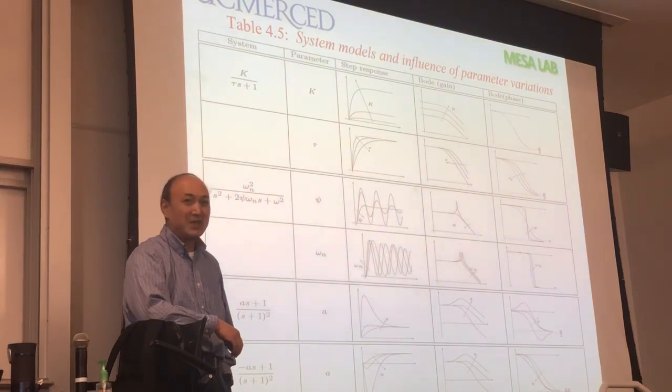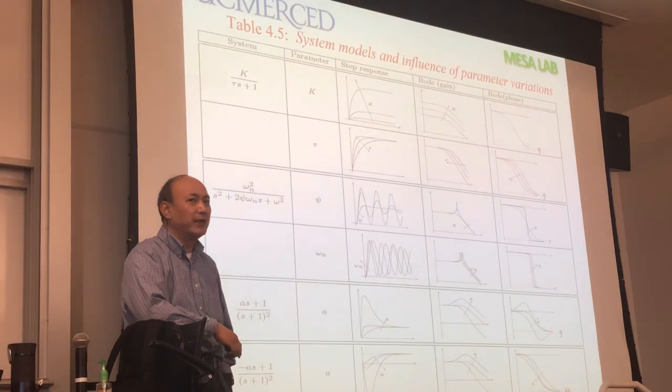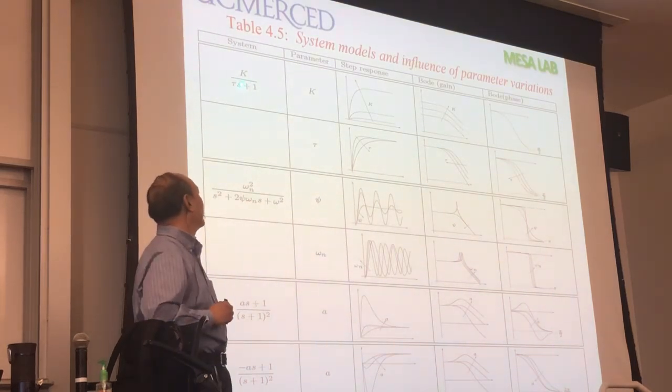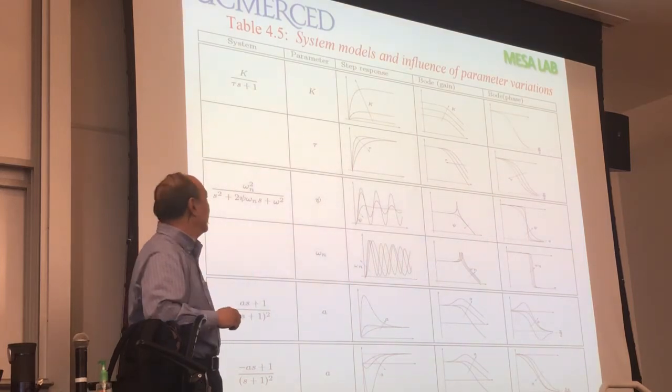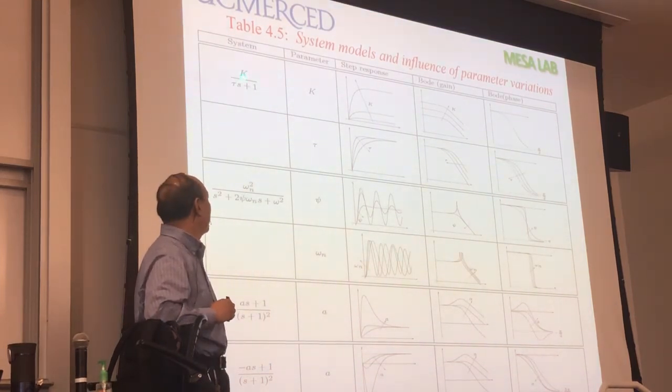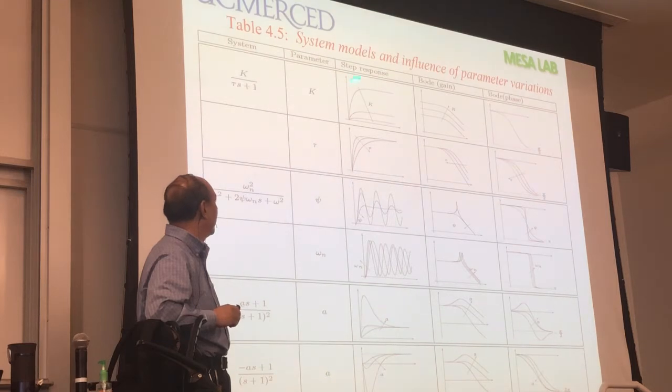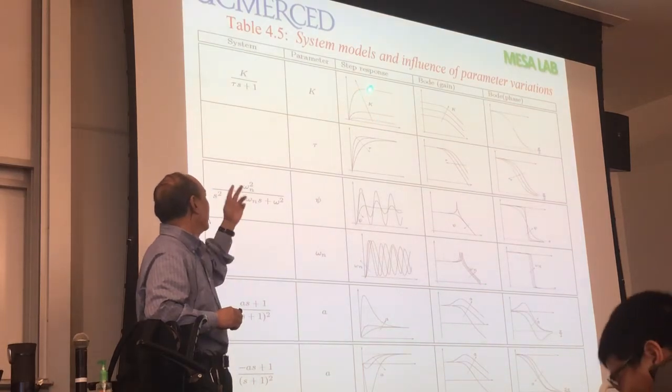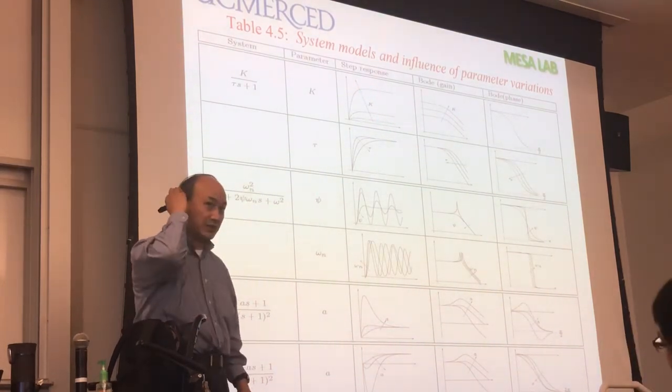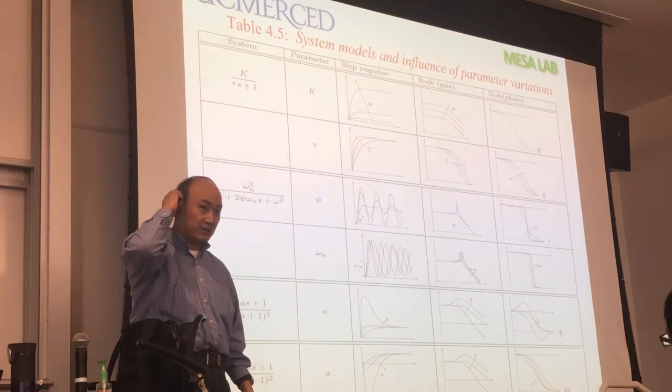Why? This visualizes the behavior when you play with some of the parameters here, say for example, I have K as the gain. If I give a step response, and K is bigger, then of course my output is bigger, right? That makes sense.